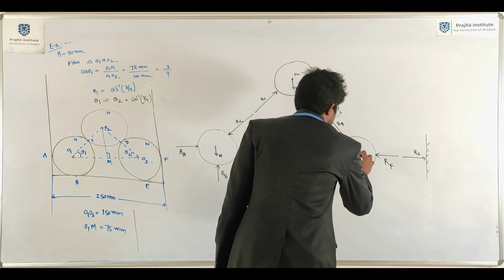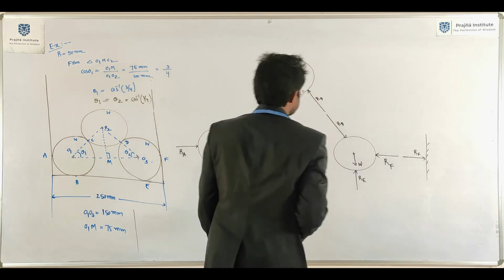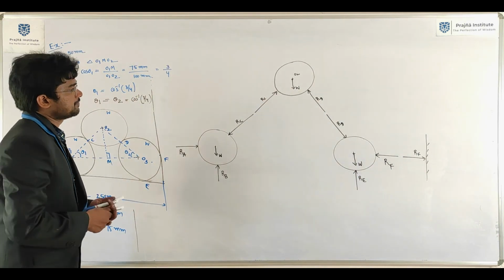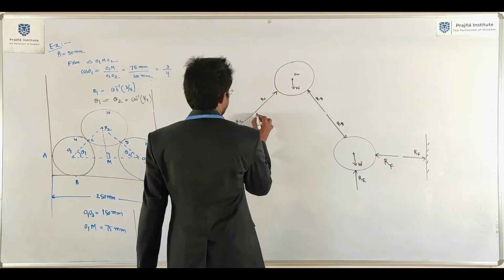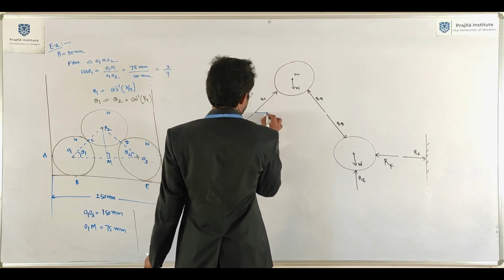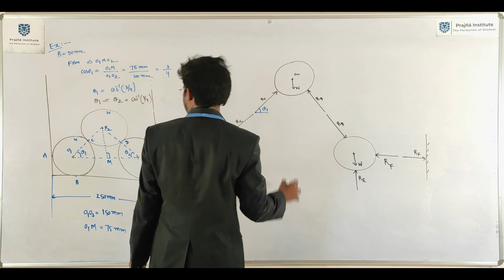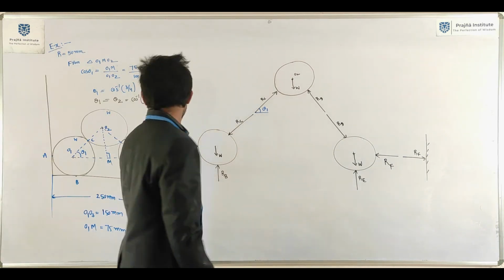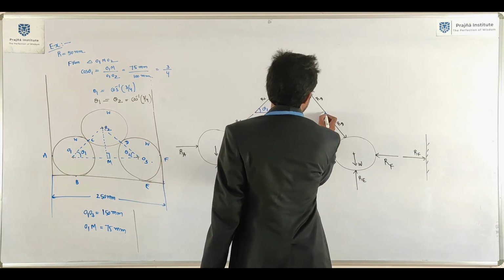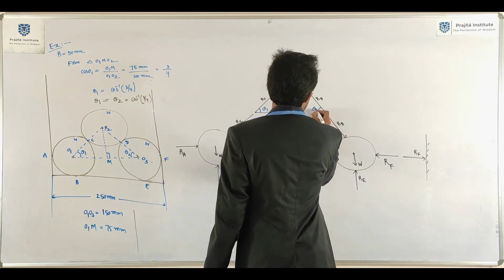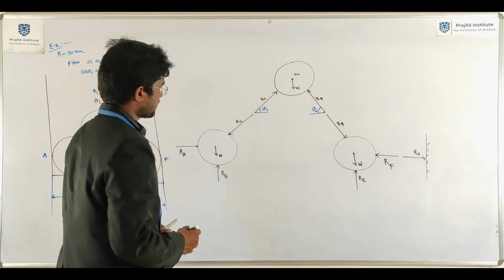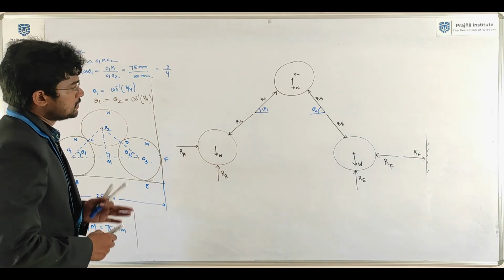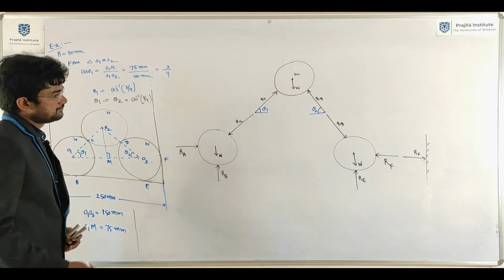Weight always acts vertically downward. So here RC will be acting making an angle theta 1. RC is making an angle theta 1, and RD is making an angle theta 2.